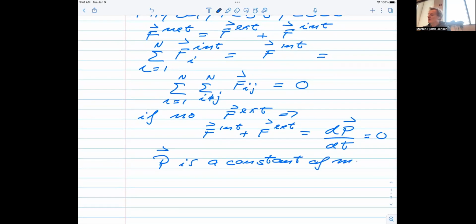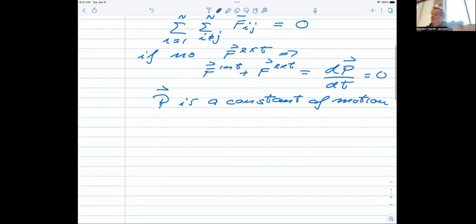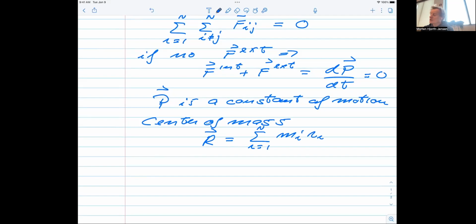There is an interesting side effect here, or an interesting addendum to this, and that deals with the center of mass position. You may have seen the definition of that before. We are going to use an uppercase letter R to indicate the center of mass, and that is weighted by the masses of all the objects which we have. So this is m_i multiplied by their positions, divided by the total mass.